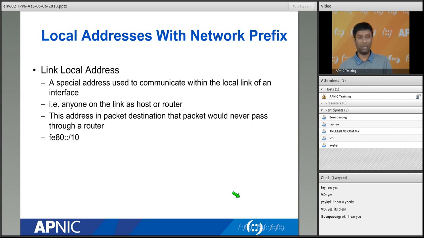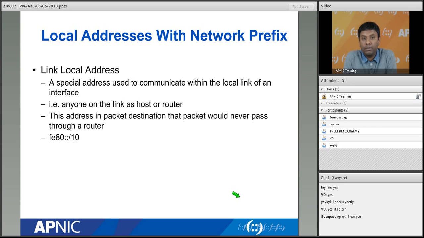Now we'll see the link local address. What is a link local address? A link local address in IPv6 is a special type of address that is only used to communicate within the LAN. If you remember, in Windows with IPv4, if there is no DHCP server and no static address on the machine, your machine will try to discover DHCP servers.